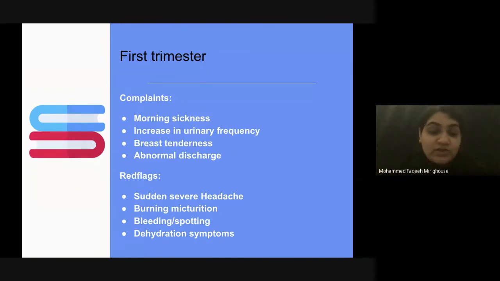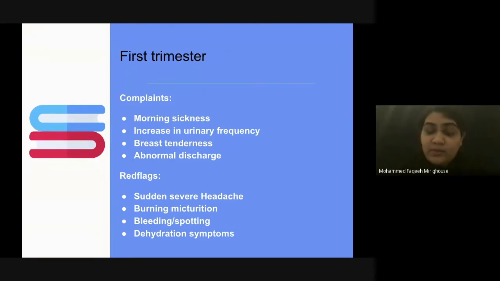The physiological process by which there is increased urinary frequency in a lady who is in her first trimester.